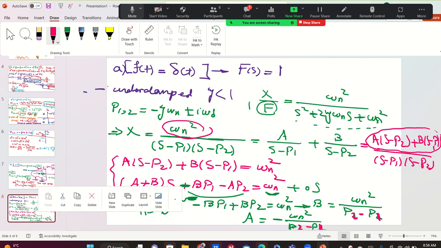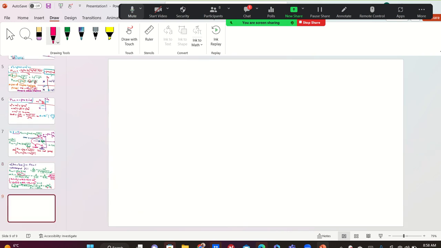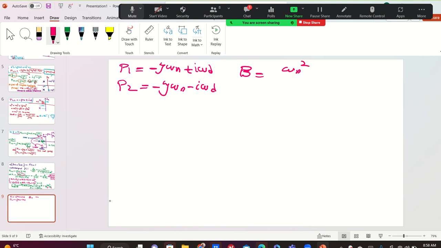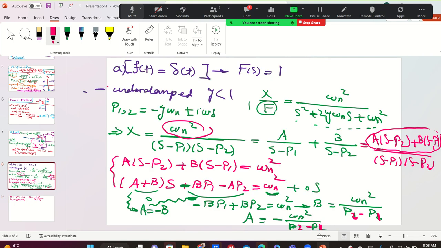Okay. Now let me calculate A and B. Your P1 was minus zeta omega n plus i omega d. Your P2 was, for an underdamped system, minus zeta omega n minus i omega d. So your B is going to be omega n square over P2 minus P1. See here? There we go.